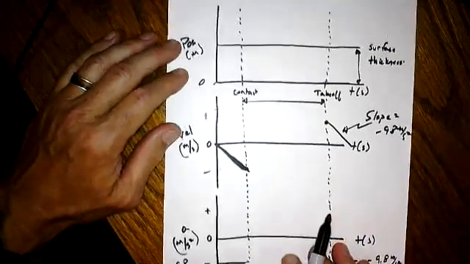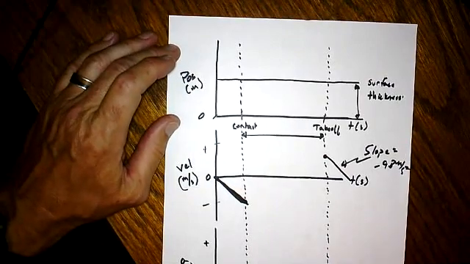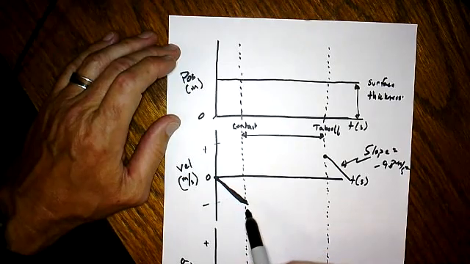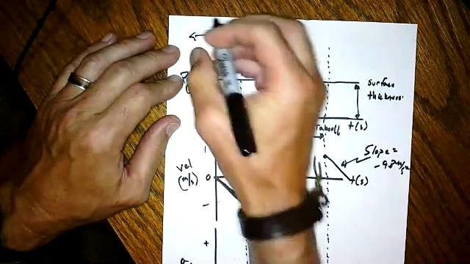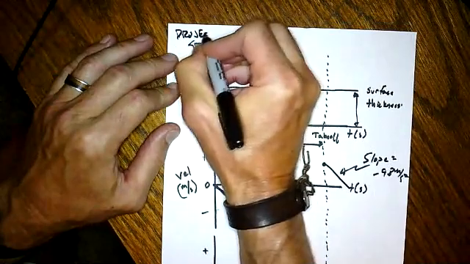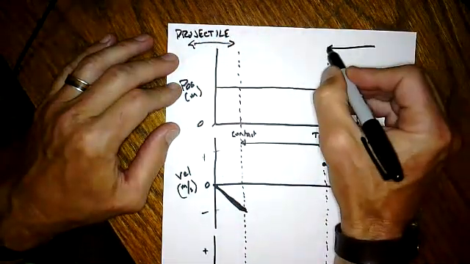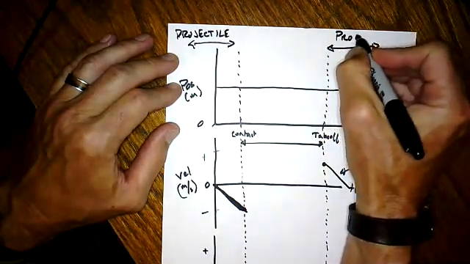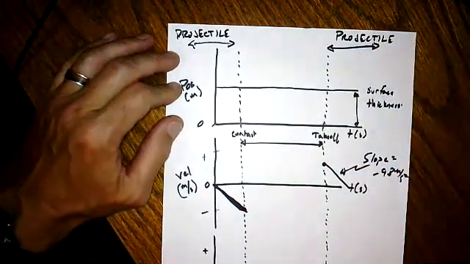Well, maybe before I do that, I go up and I think about position. What's going to happen to position? Well, on the left side of the dotted line, the object is a projectile. And likewise, over here. Now, I'm not indicating where it's hitting the ground the next time, but at least we're looking in this zoomed area.